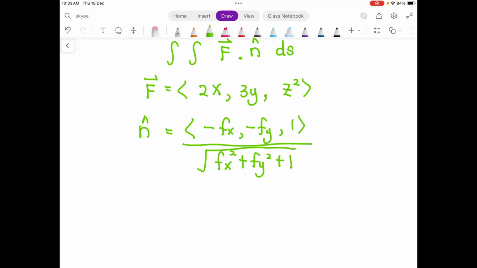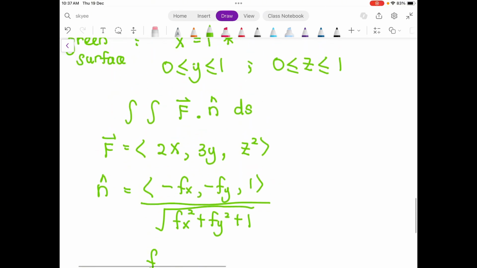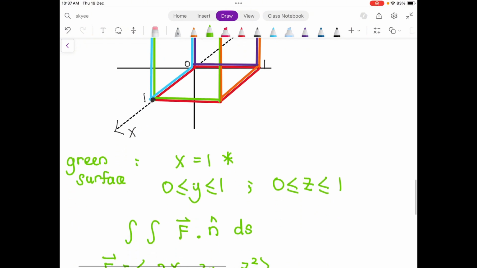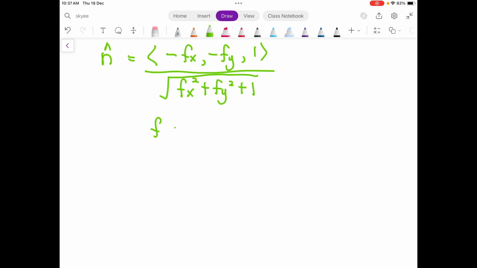So now we need to figure out our f. Look at this green plane. The green plane is located at the position x equals 1. So we define the function of this plane to be x equals 1.